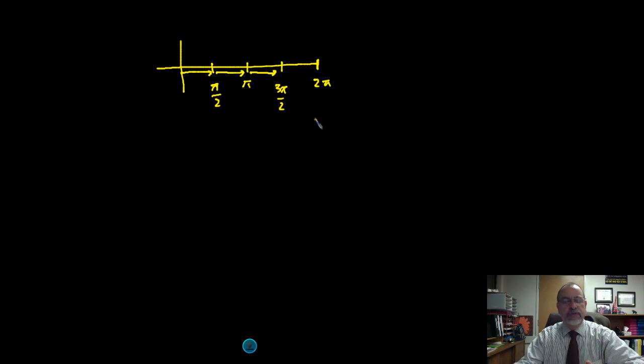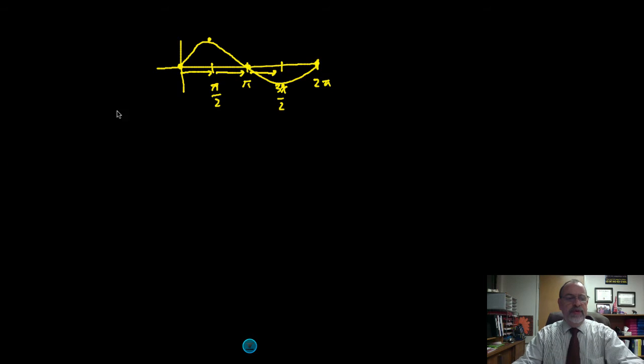So you'll always want to divide a period into 4 equal parts, and then you have the points where you'll put the pattern. So sine starts at 0, goes to its maximum at the next point, 0 at the next, minimum at the next point, and then back to 0. And so if you take a section, divide it into 4 equal parts, then you have a place to put your points, and you simply put those on there.